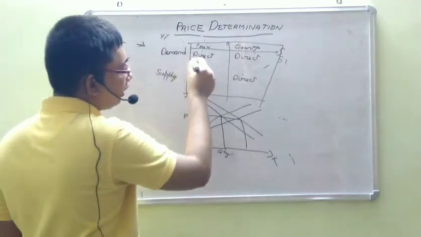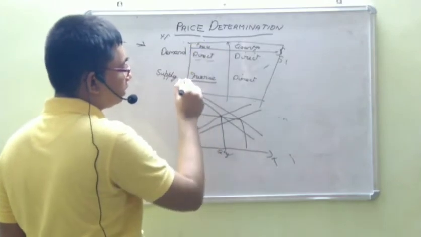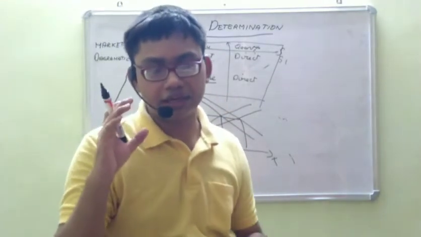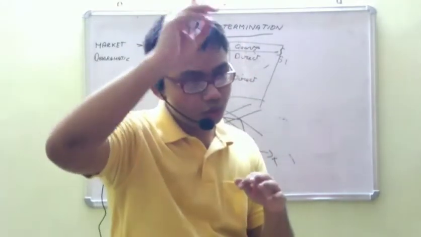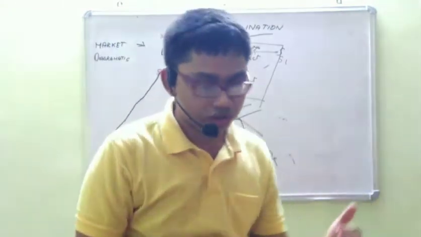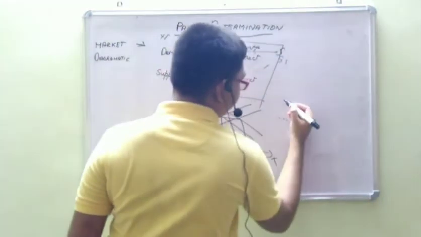However, the direct impact on price is greater than the inverse impact. Think of it from that angle. When demand is increasing more than supply, the direct impact on price will be more than the inverse impact. So the net impact will be direct.